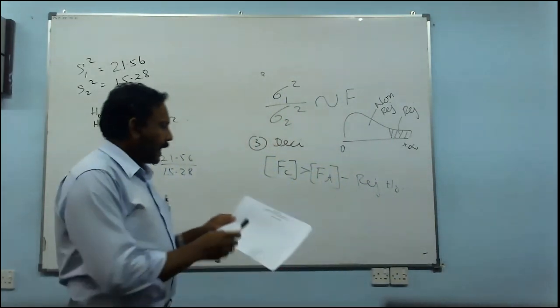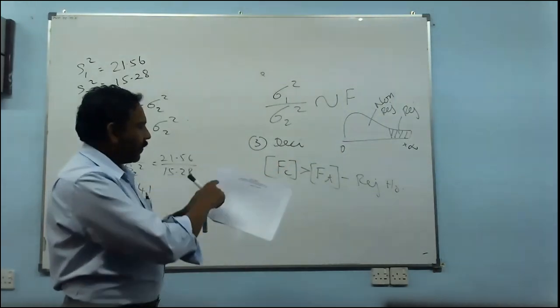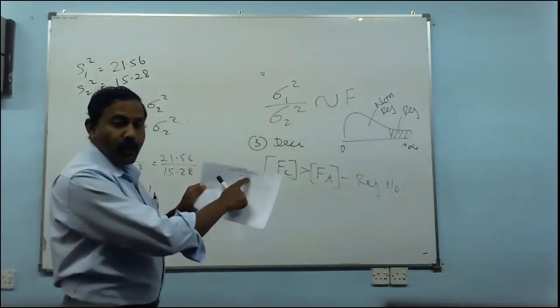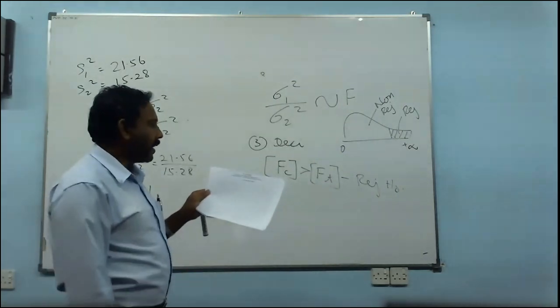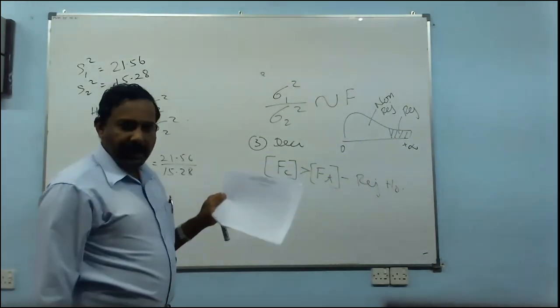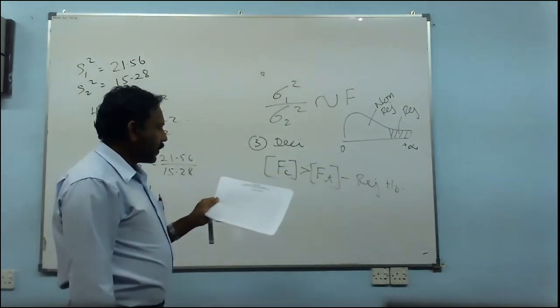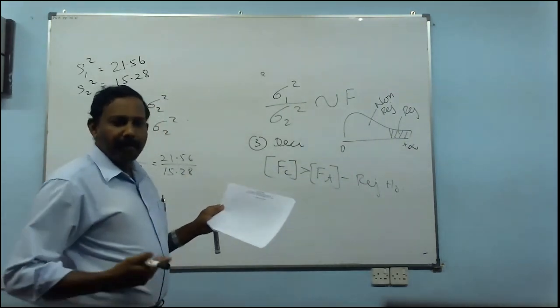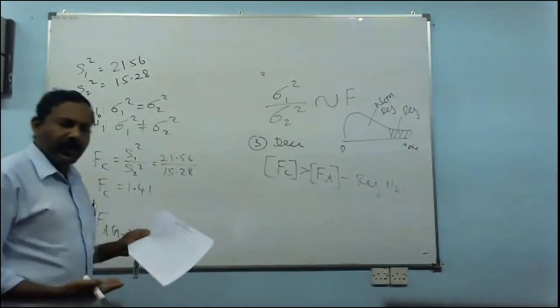So in this table, row wise, the first row gives the numerator degrees of freedom. In the first column, it is giving the denominator degrees of freedom. So my numerator degrees of freedom is 9, denominator degrees of freedom also 9.